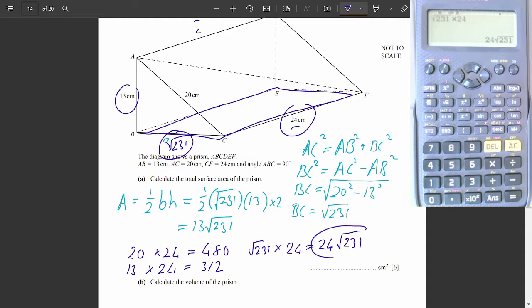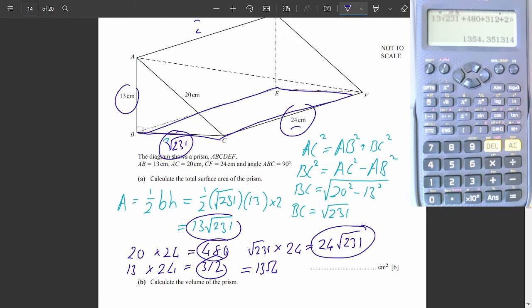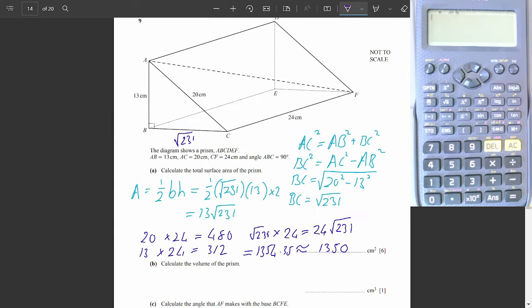Now we just need to add up all the faces, this one, that one, that one, and that one. 13 root 231 plus 480 plus 312 plus 24 root 231. 1354.35, rounded to three significant figures, 1350.